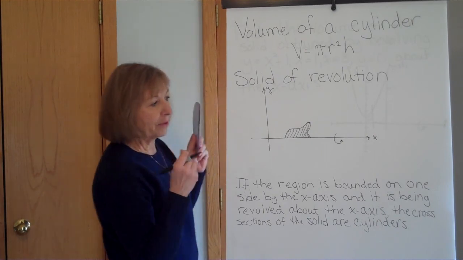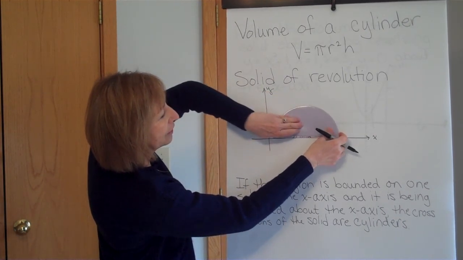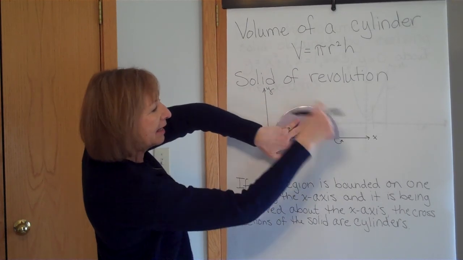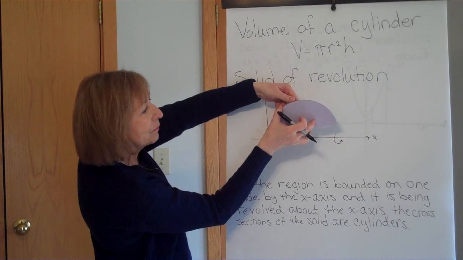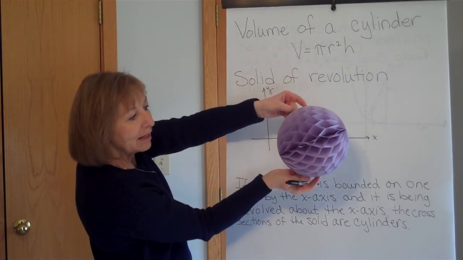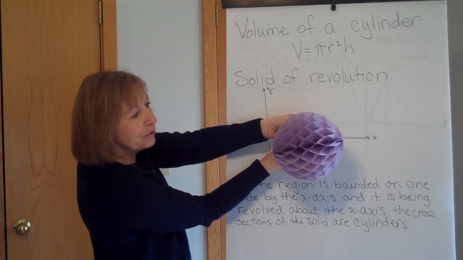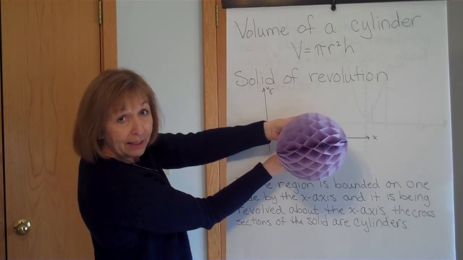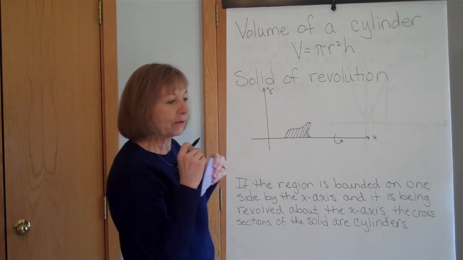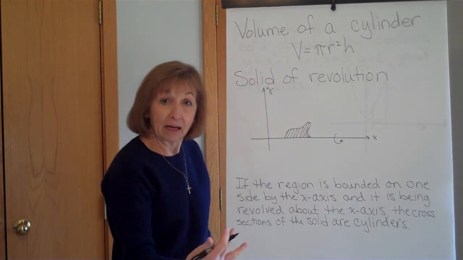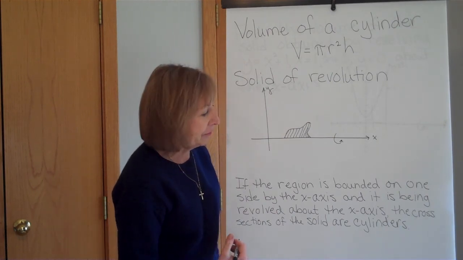Here's another example. If you traced around the outside edge and spun it around the x-axis, this would make a sphere. Hopefully that helps you visualize what's going on, because that's a key component of getting these problems set up correctly and ultimately finding the volume they're requiring you to do.